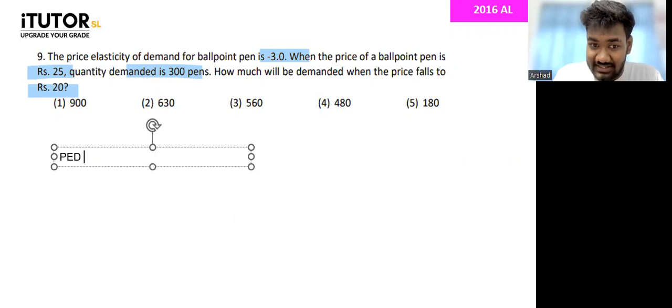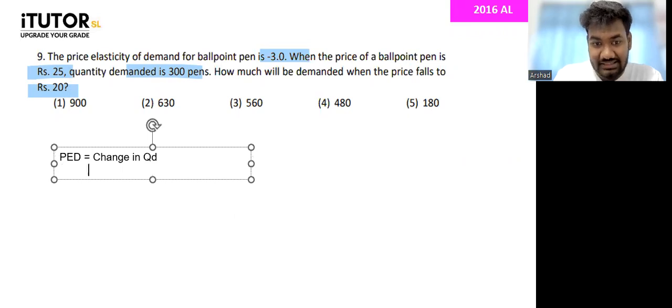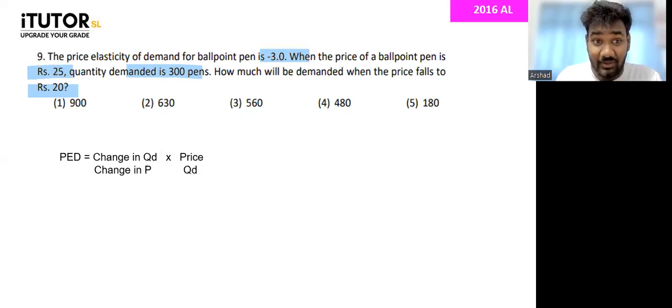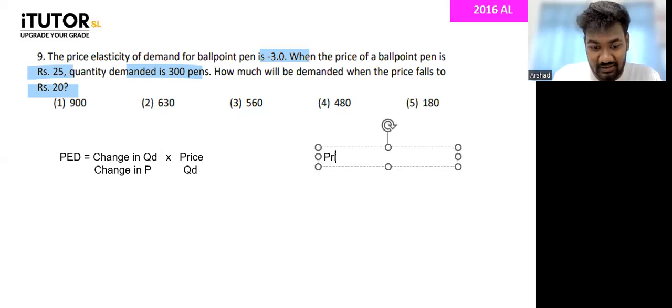PED equals what? Change in QD divided by change in price, multiplied by price over QD. So what are we finding now in the question? They are saying when the price is 25, QD is 300.